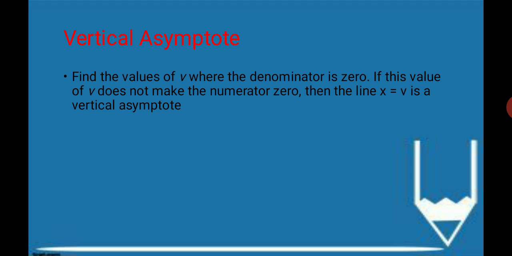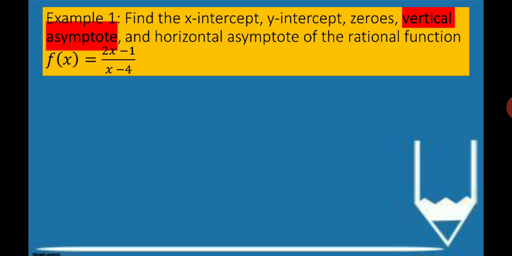If the denominator becomes 0, then that is our vertical asymptote. If this value of v does not make the numerator 0, then the line x equal to v is a vertical asymptote.